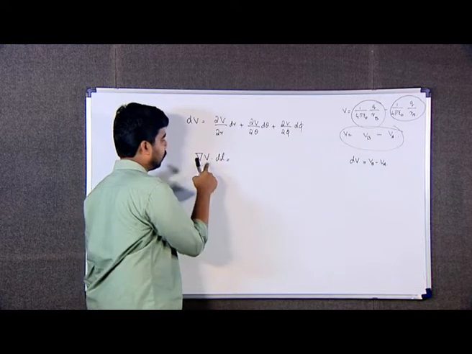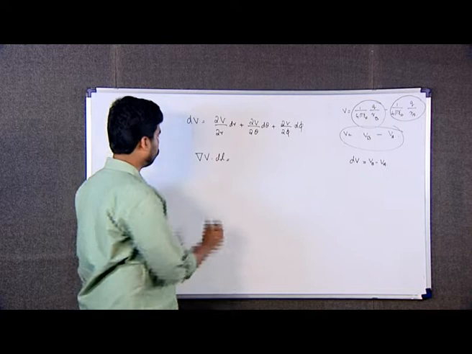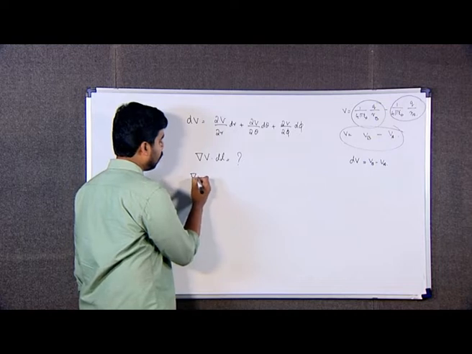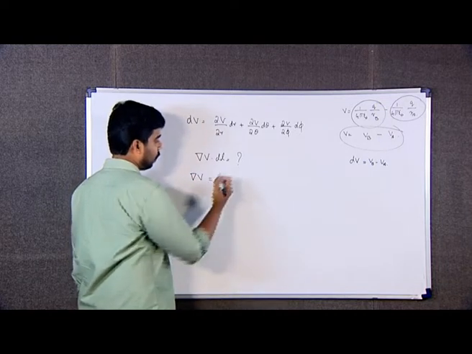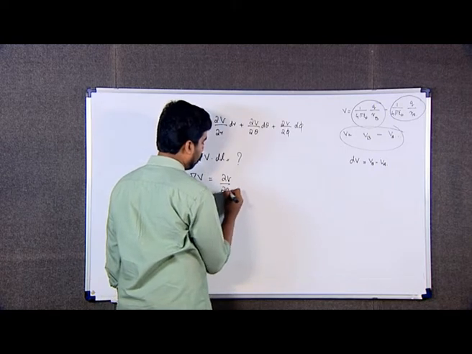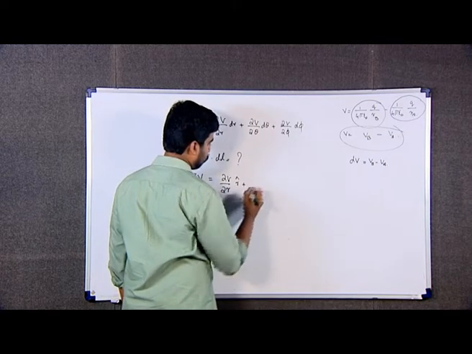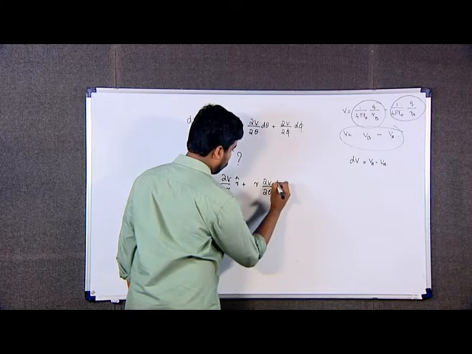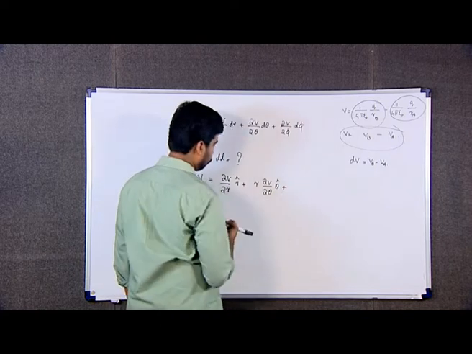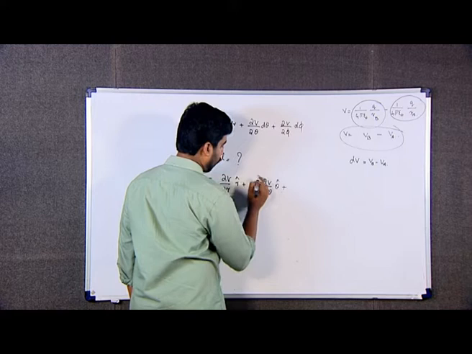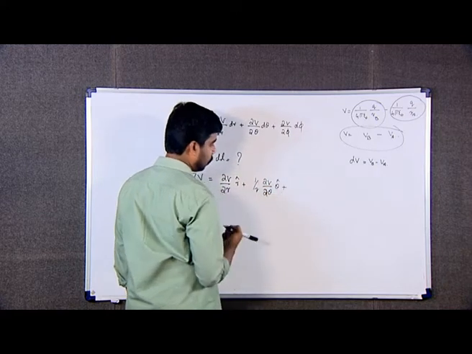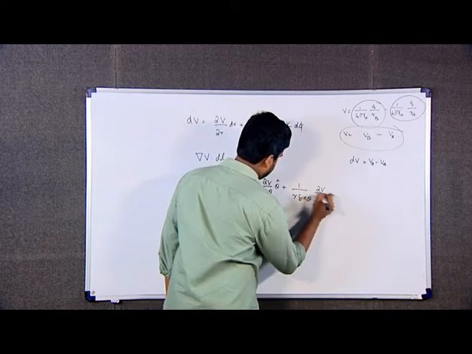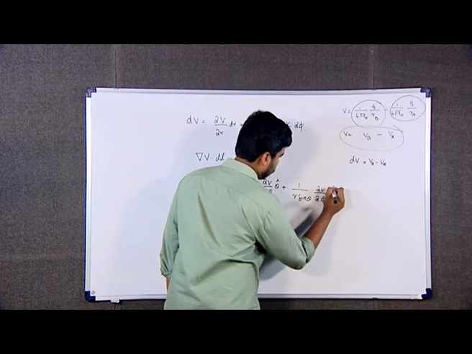You know that this del can be represented in the spherical polar coordinate system, that is, del V is equal to dou V by dou R into R cap plus 1 by R into dou V by dou theta into theta cap plus 1 by R sin theta into dou V by dou phi into phi cap.